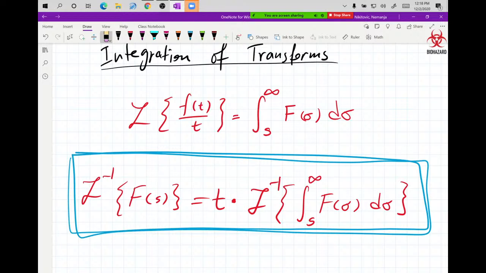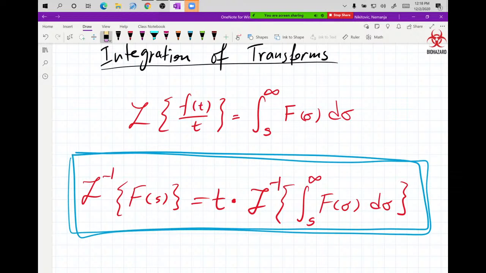So there you go. Remembering the top formula and simply applying inverse on both sides and multiplying by t on both sides gives you the formula for inverse Laplace that you want to use. From this point on, you can go and use that one as well. It's used the same as the previous one.